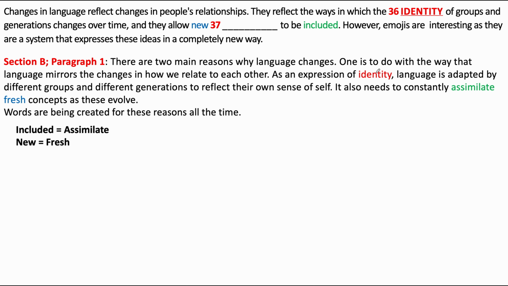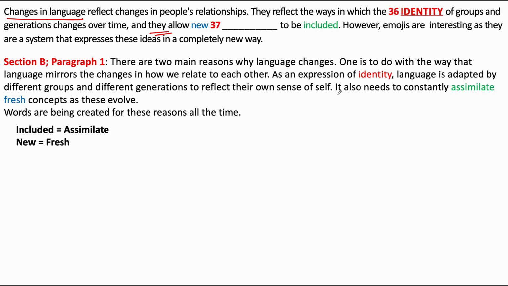Let's move on to the 37th question now. The 37th question says, they allow new something to be included. They here is changes in languages. So, changes in languages allow new something to be included.